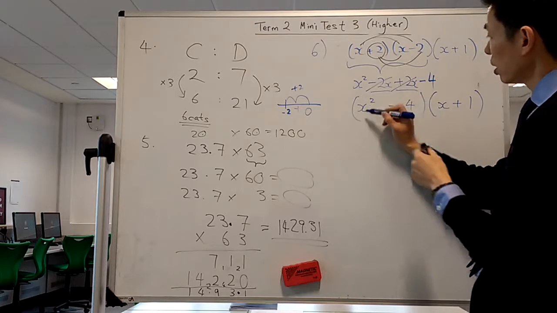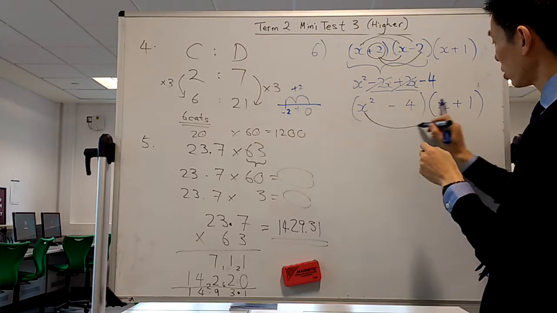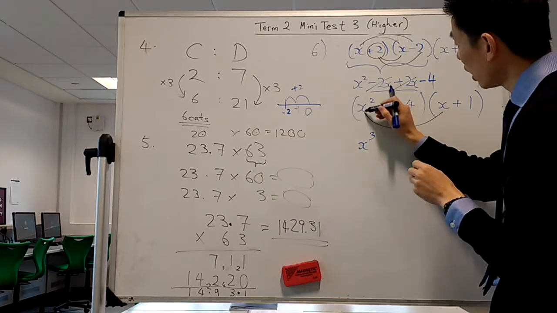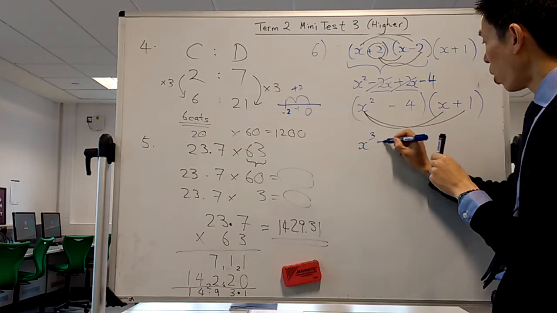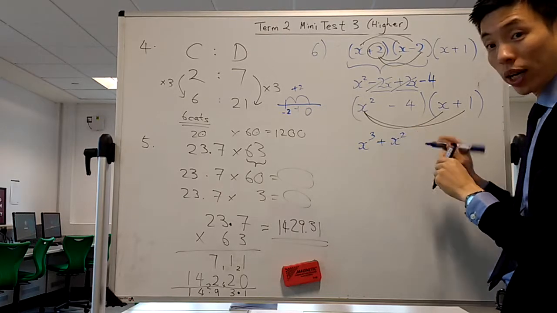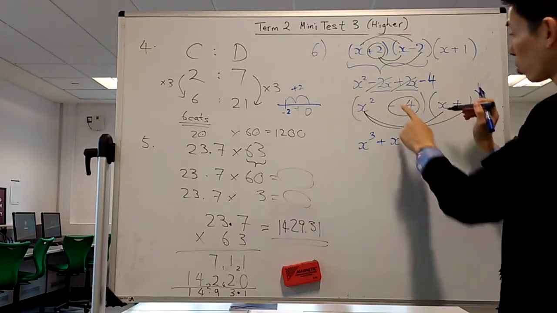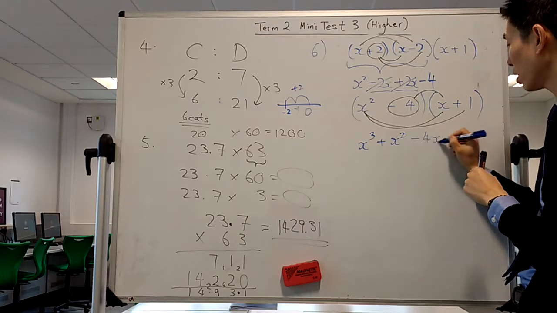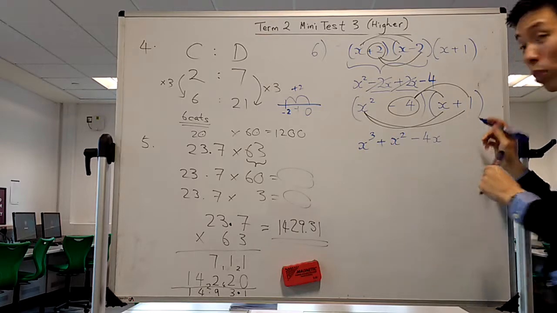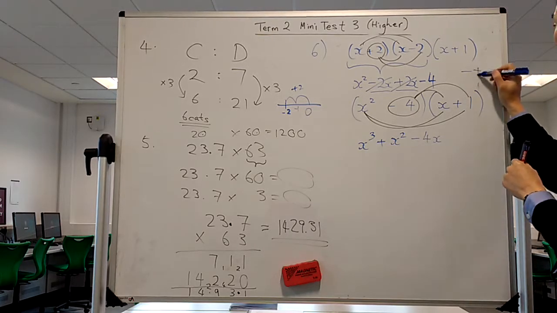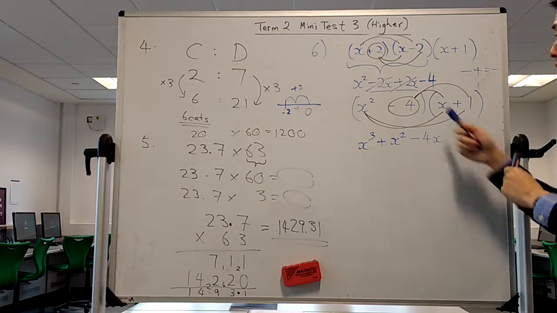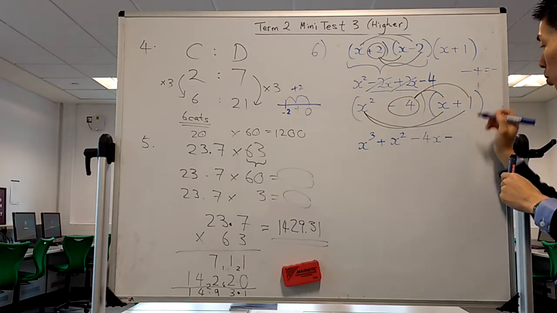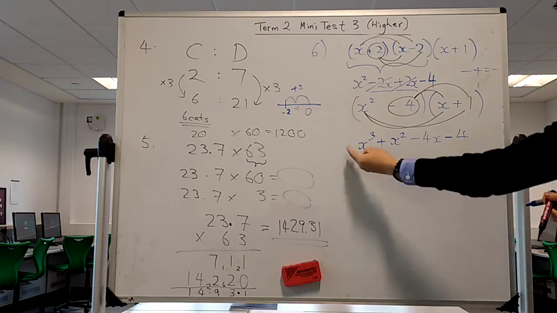So again, we'll do x squared first, times x is x cubed, and x squared times 1, 1x squared, which is just x squared, minus 4, make sure you include the minus sign, minus 4 times x is minus 4x, and minus 4 times plus 1, minus and a plus makes a minus when you multiply, as well as divide, minus 4 times 1 is minus 4. Check if there's any like terms.